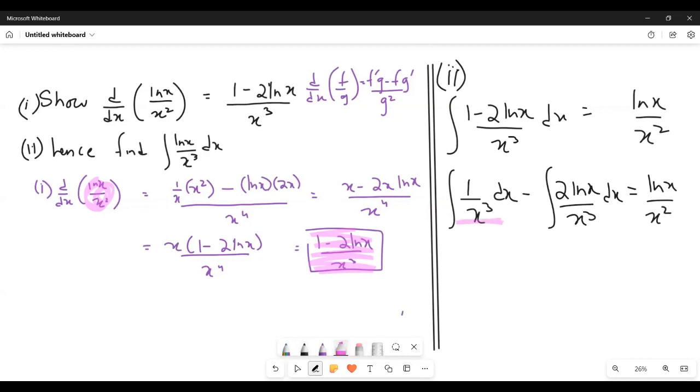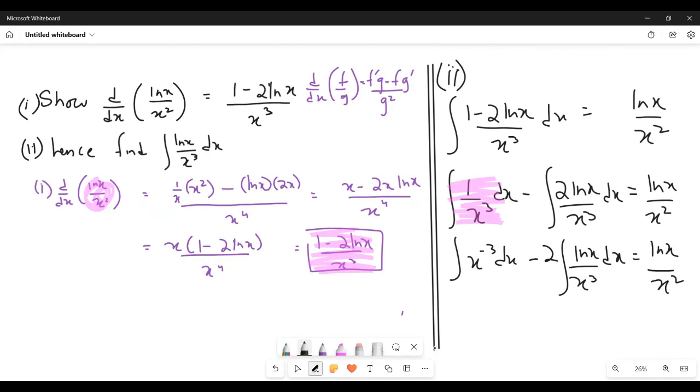This one we already know how to integrate. First, I'm going to rewrite it as integration of x to the power minus 3 dx. And here I'm going to bring out the minus 2. So inside we have ln x upon x cube, which we basically made the subject, equals ln x upon x square.